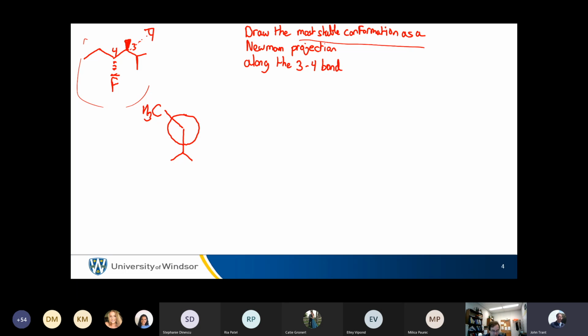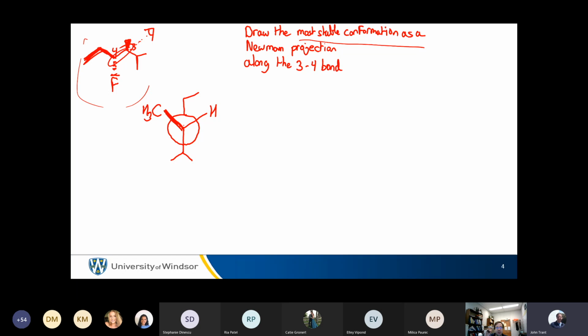And then when I rotate on the left-hand side, there is a methyl group. On the right-hand side, there's a hydrogen. Then I've got my back carbon behind me. And what I see sticking out from the top of this ball, and if you want to draw the ball like a sausage, a hot dog, is an ethyl group.